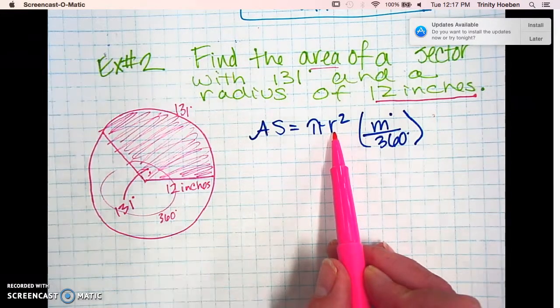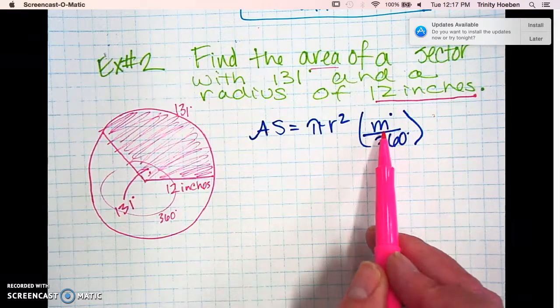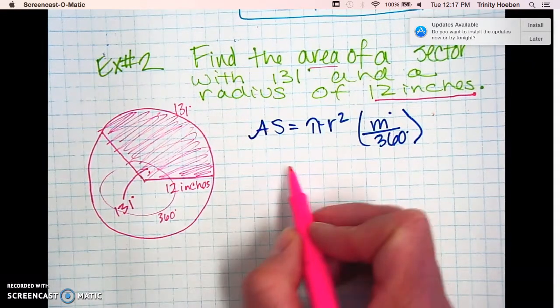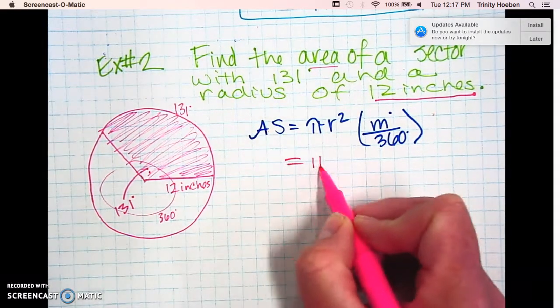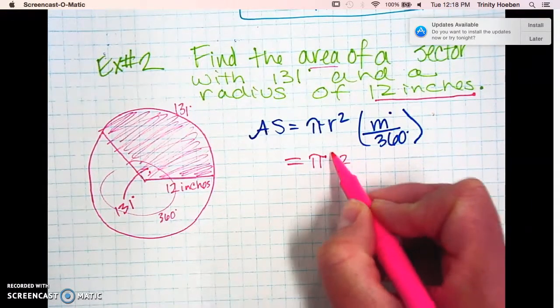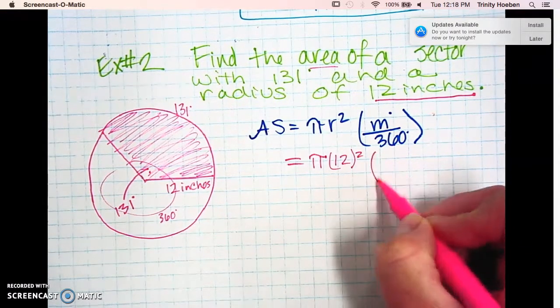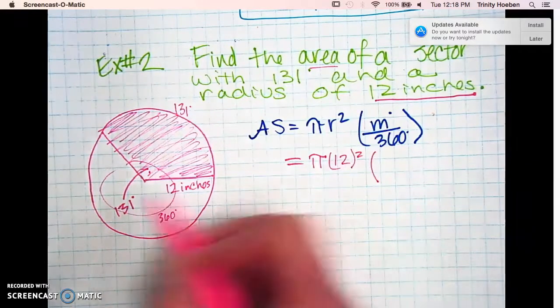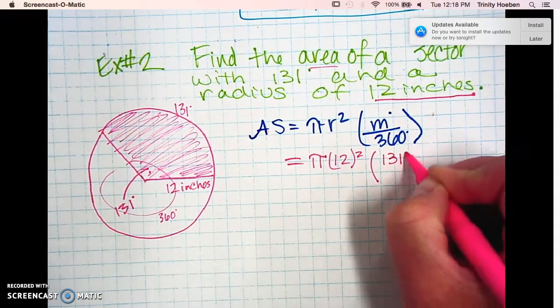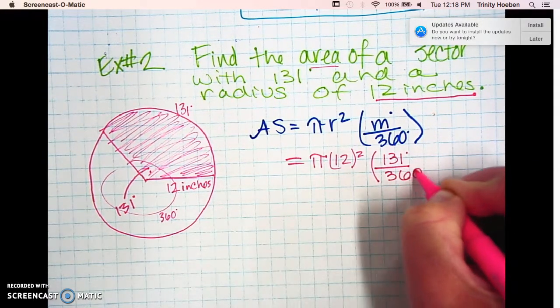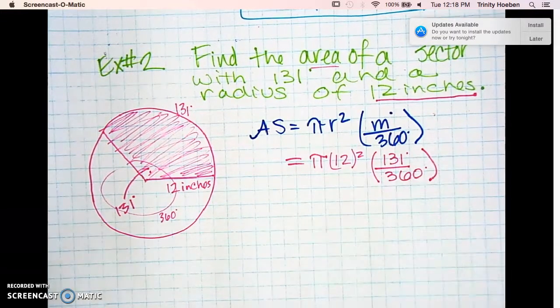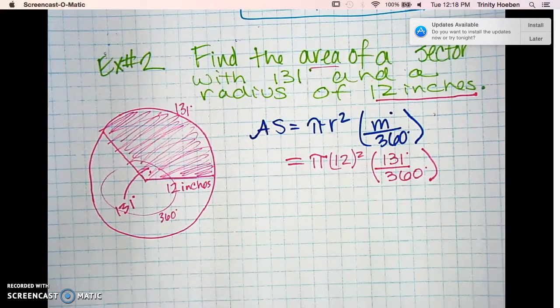The radius goes right here, and the angle measure goes right there. So we're going to have pi times 12 squared, and then the angle measure is 131 over 360.